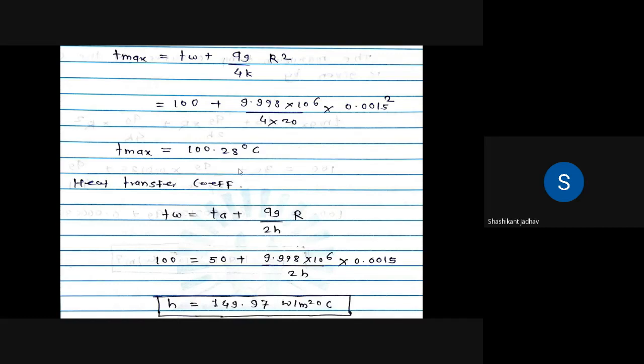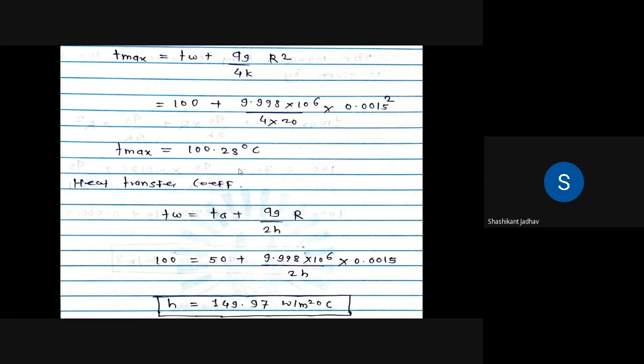For solving any problem, first of all, we have to read the problem carefully. Then we have to understand what is given, and according to that, we have to draw the diagram. And by drawing that diagram, we have to write down the physical terms, whatever is given. And from those terms, we have to understand which value we have to calculate. And for those values, we have to write down the equation.